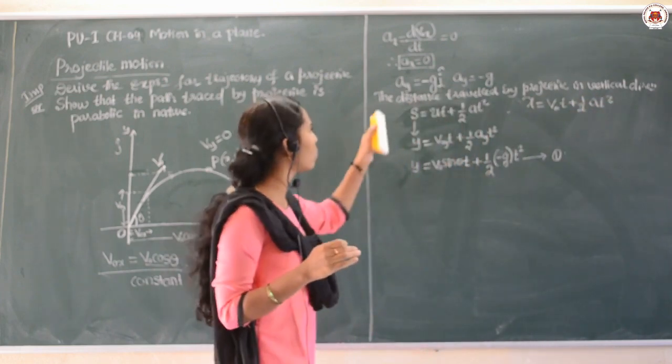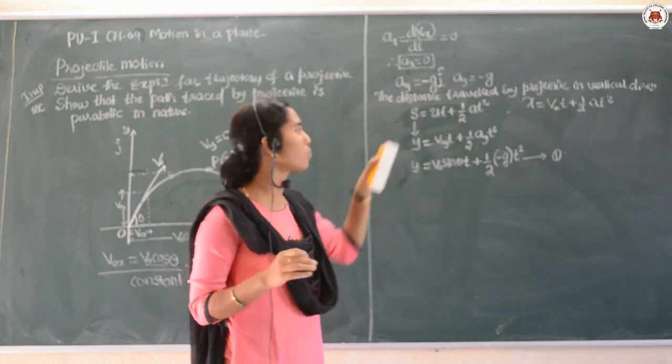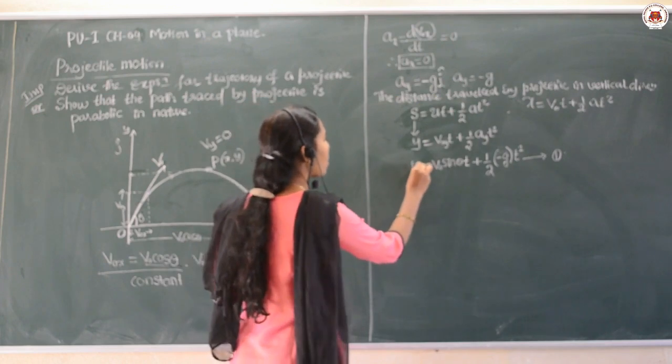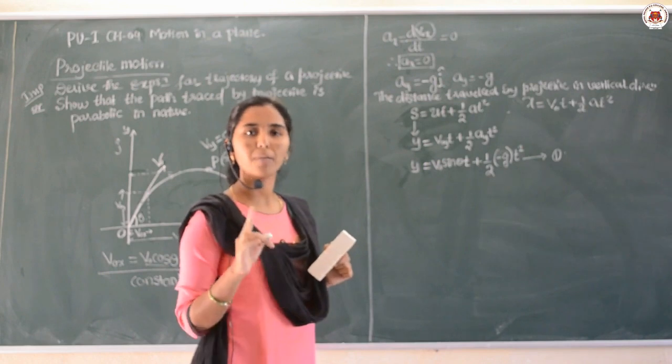Now, here the vertical motion is there, therefore the distance travelled in the vertical motion, vertical means y component, is there, so I used this expression here. Am I clear?